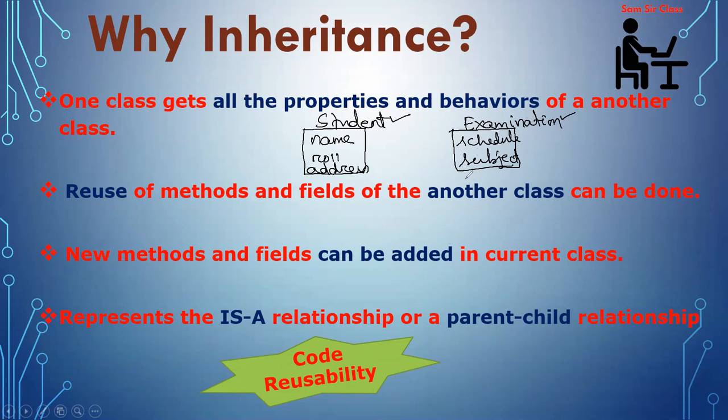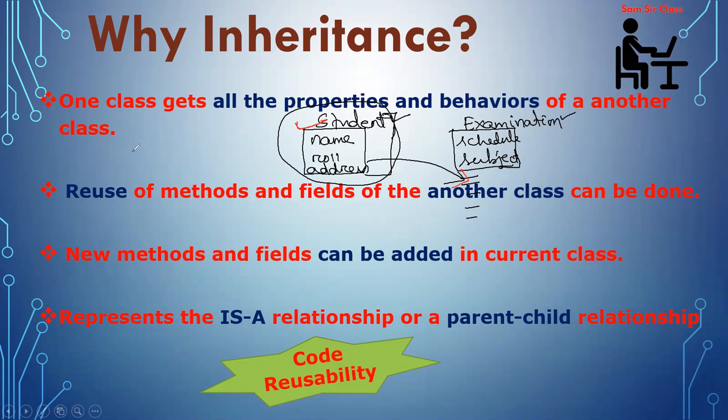Either I write down once again all the details of the student as in the student class, or whatever is written previously, I reuse inside the examination class. The second approach is the best one because I don't need to write it again and again. I have already written it once, so wherever it is required, I'll just reuse it inside another class.